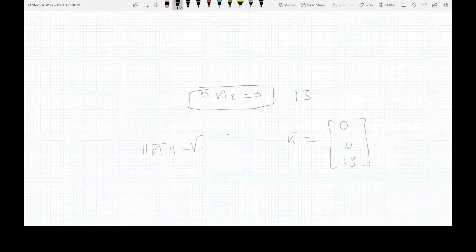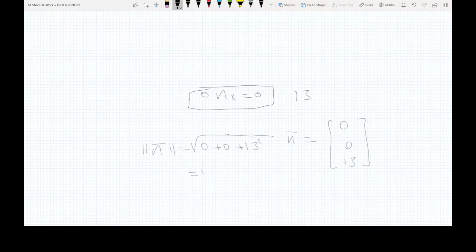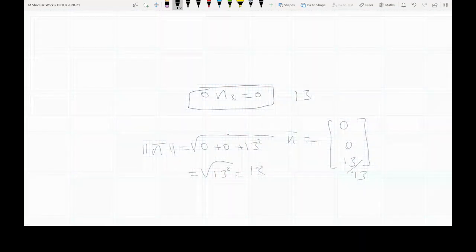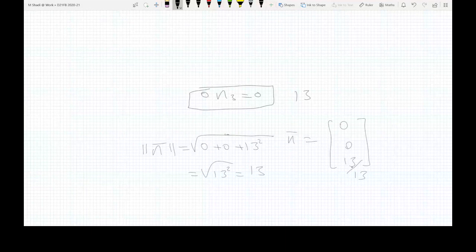So this is going to be the square root of 0 added to 0 added to 13 squared. So it is the square root of 13 squared, and this is 13. So you divide 13 by 13, and you would always get back 1. So I would suggest in this sort of scenario, you would immediately select the third component to be equal to 1, and then in this case, you don't need to normalize.